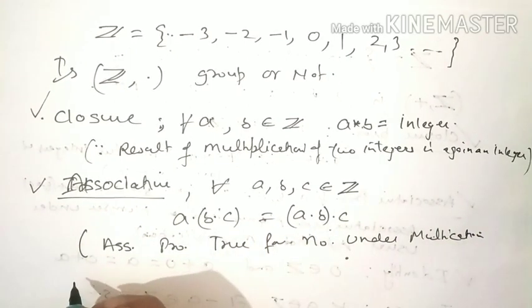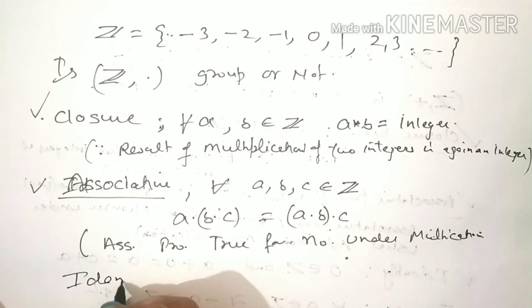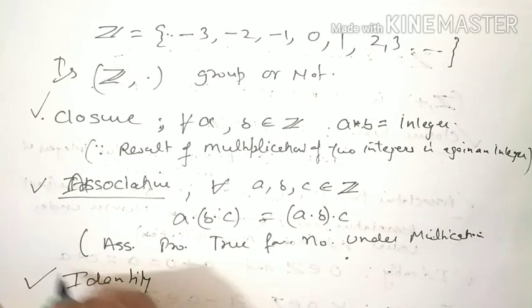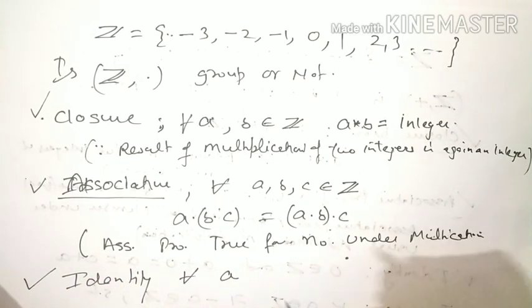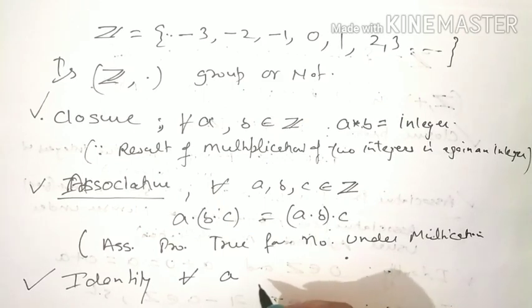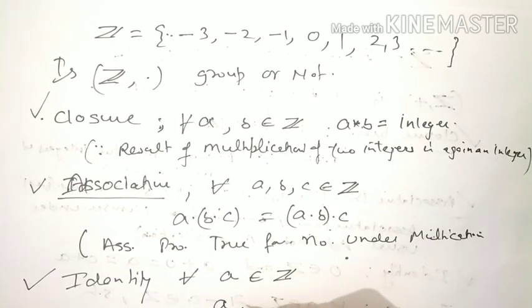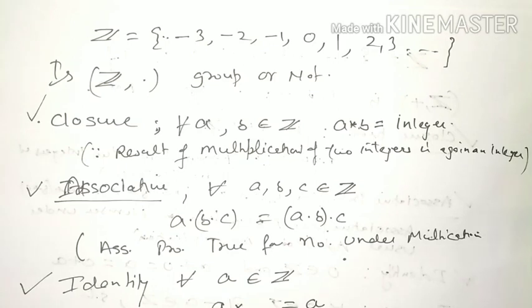Now the identity. What is the identity element? For all the elements belonging to Z, what is the element that when multiplied with A gives us the answer as A? What is the element for integers which when multiplied with any integer does not change the answer? Like 2 into something is 2. What is that number?